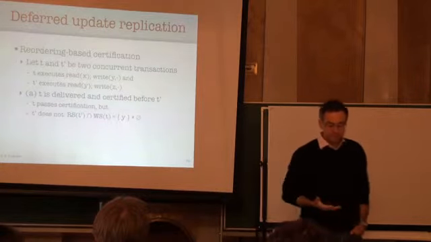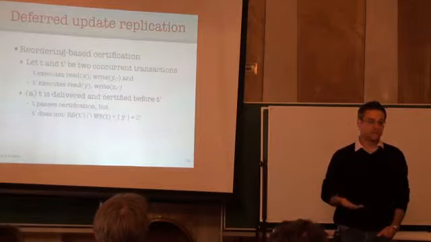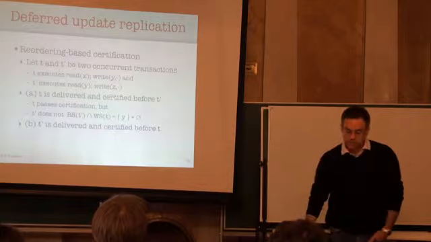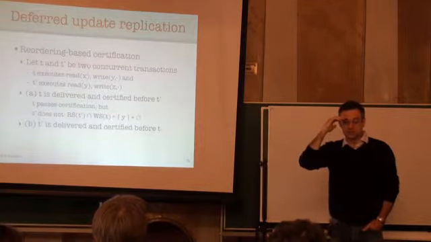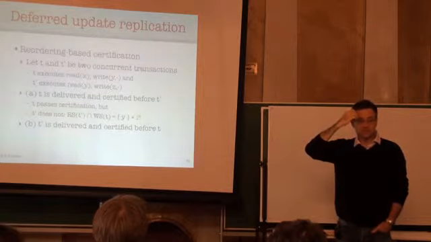But let's assume that by some chance T prime was delivered before T. It can happen, they are concurrent. So what happens if T prime is delivered before T? The first transaction, T prime, passes. Would T pass the certification test? Yes.